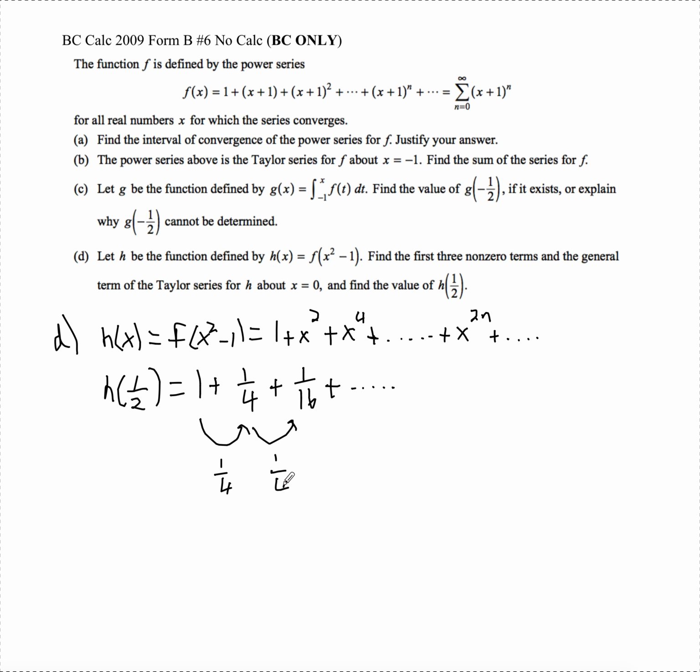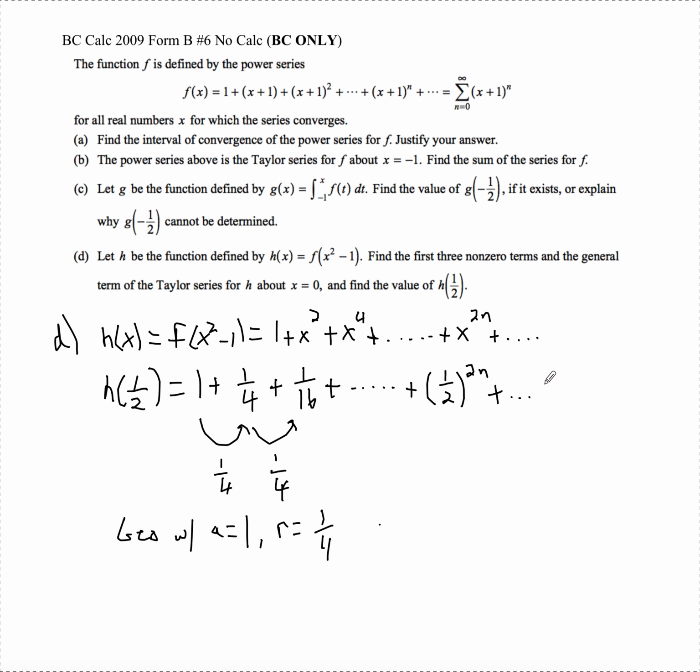This is a geometric series with a equal to 1, that's my starting term, and r equal to 1/4. So my sum, if I continue this by plugging in 1/2 all the way to infinity.